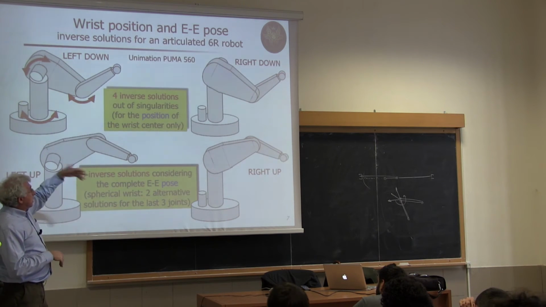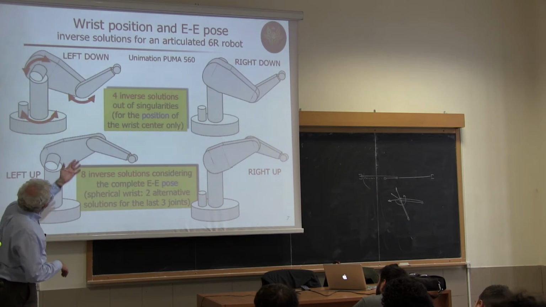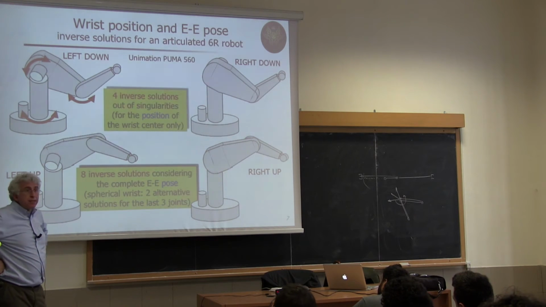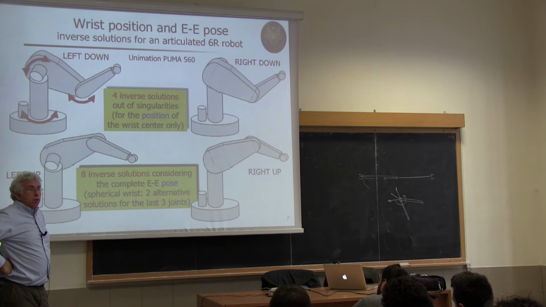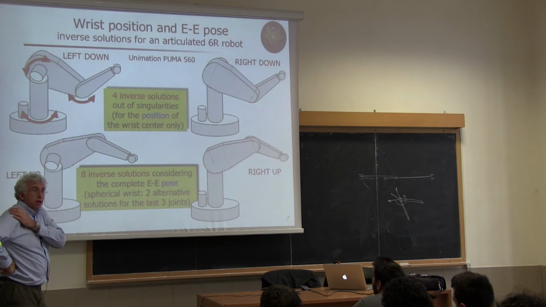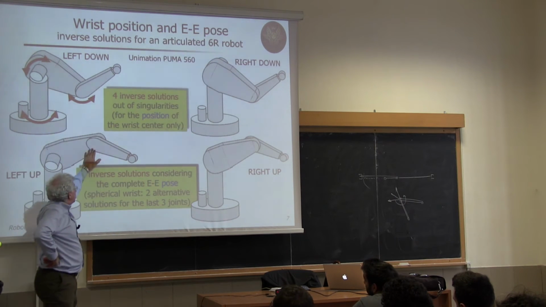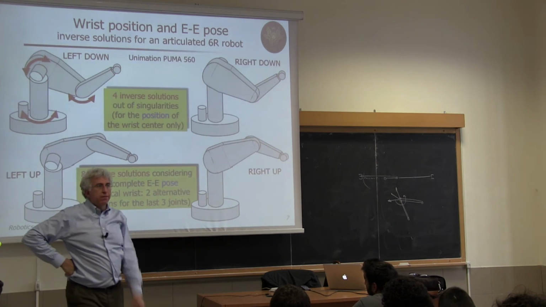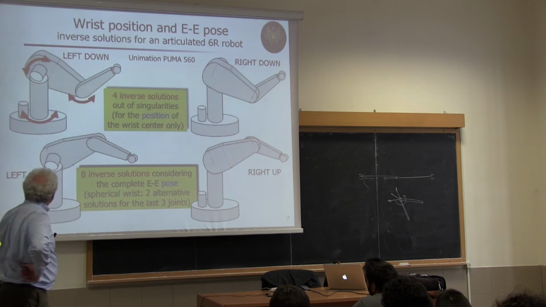What about a spatial arm, actually an industrial arm? This is just a sketch of the Unimation Puma 560. So articulated robot with 6 revolute joints with a shoulder offset, an elbow offset, and a spherical wrist. This is how you qualify this type of robot.